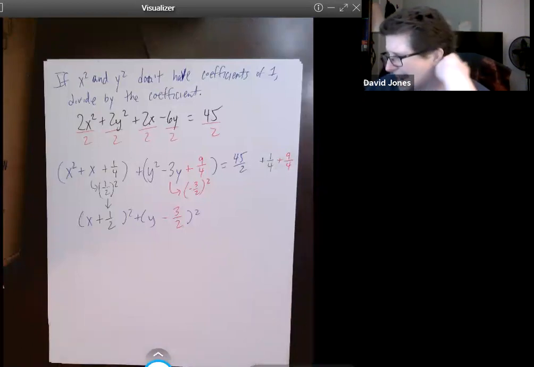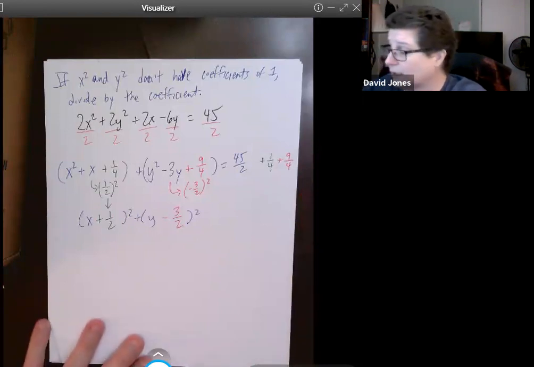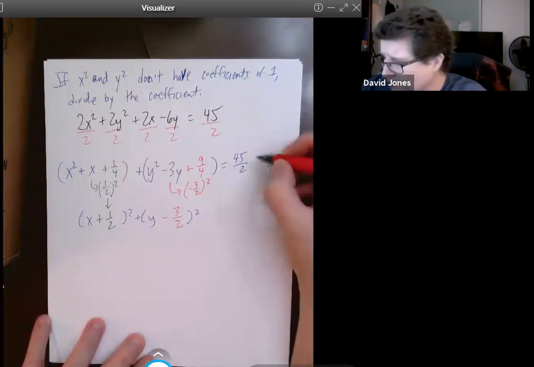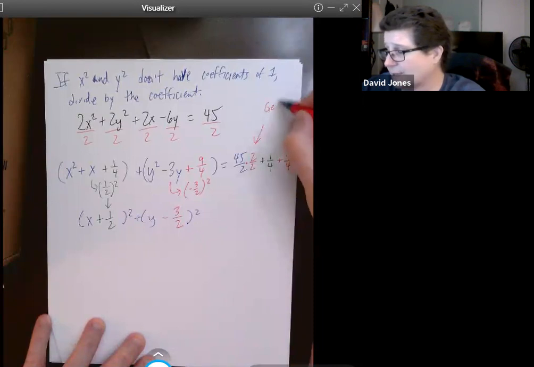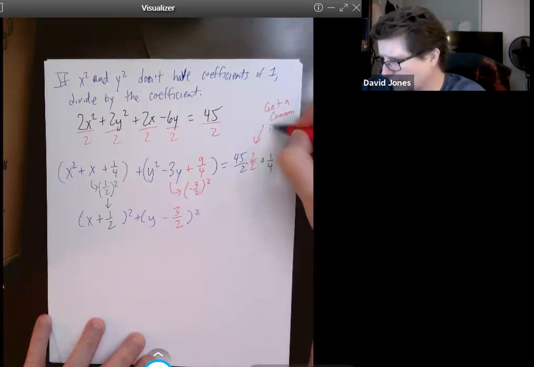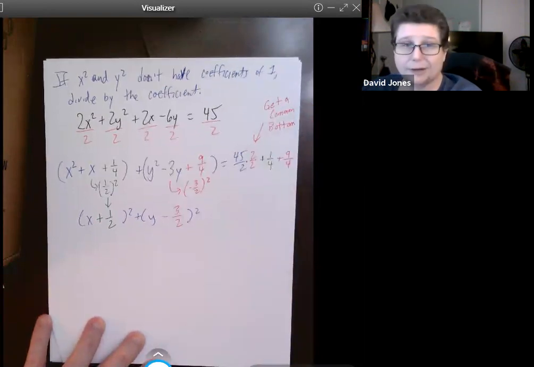I can't really add these unless I get a common denominator. 1/4 and 9/4 already have a common denominator of 4. I can get the 45 over 2 to have a common denominator of 4 if I multiply by 2 over 2.